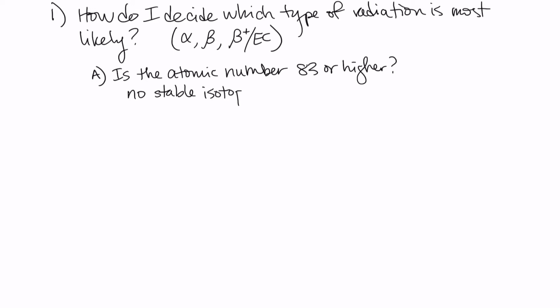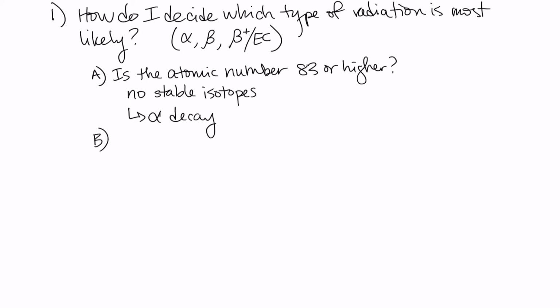And the only way that we can make anything happen is by alpha decay. So alpha decay is going to be the predominant or most likely mode of radioactivity for elements that have an atomic number of 83 or higher.